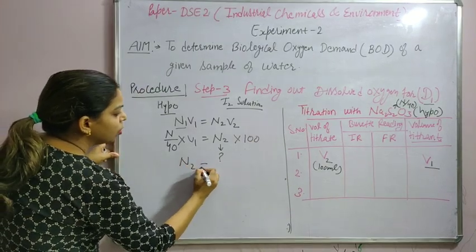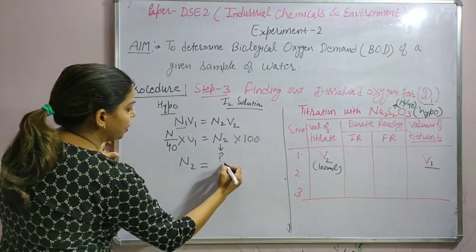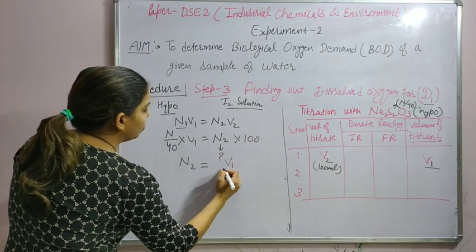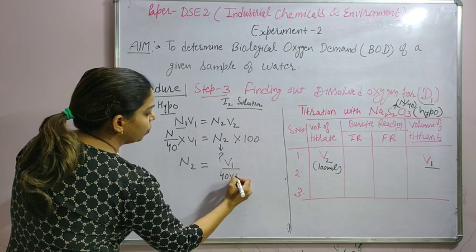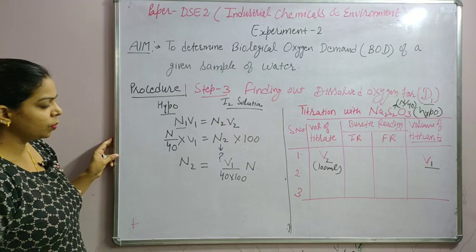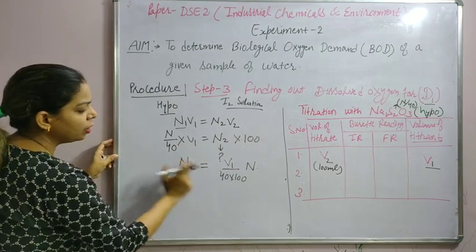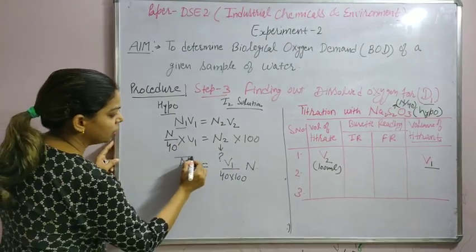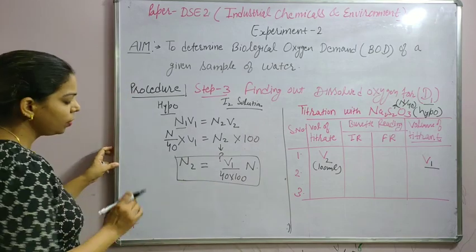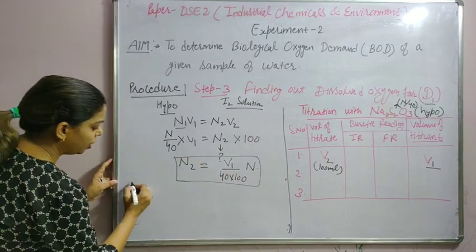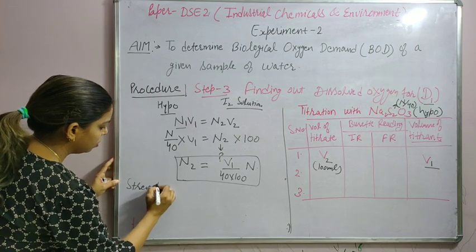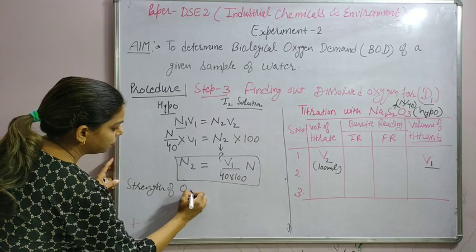From here, the normality of iodine solution will be V1 by 40 into 100 normal. V1 by 40 and 100 will come here. So this will be the normality of that solution. Now we want to find out the strength of oxygen.